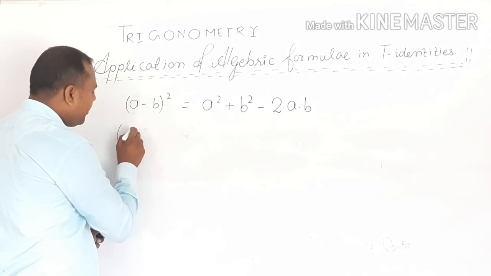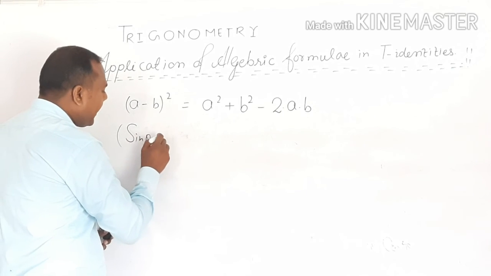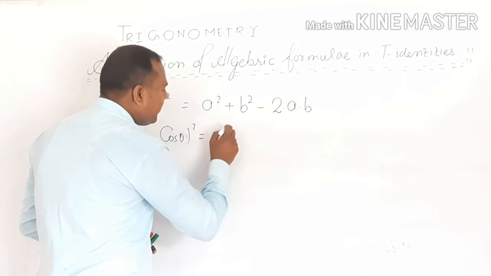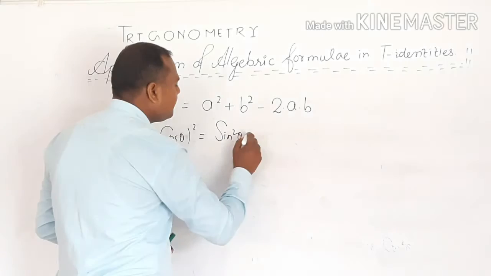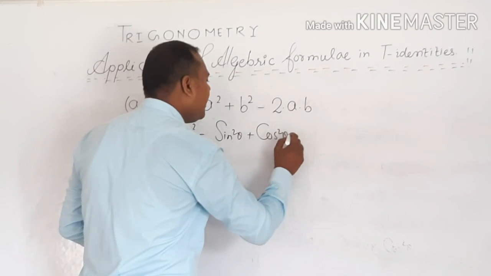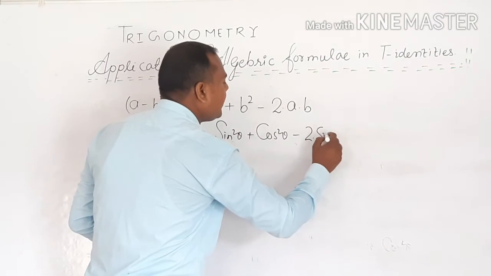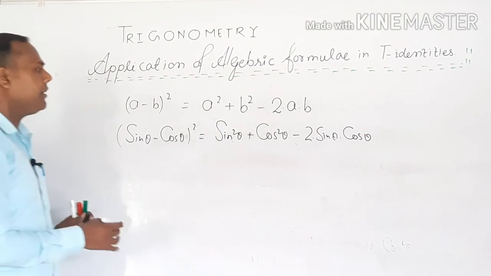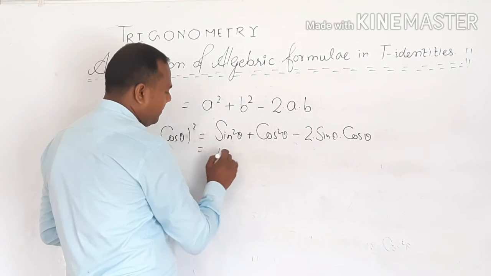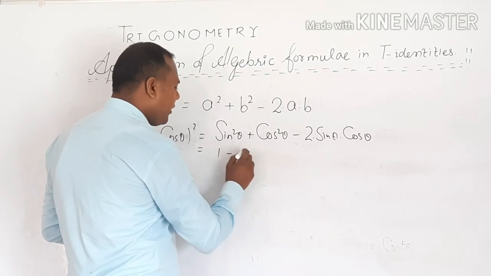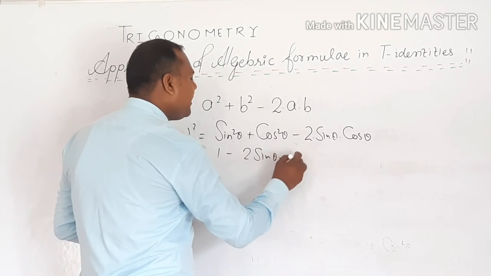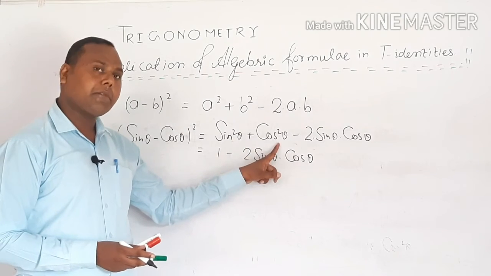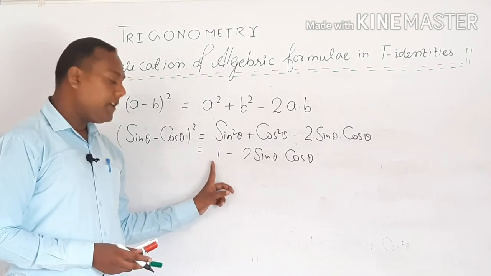If we put sine of theta minus cos of theta the whole square, we can write it as sine square of theta plus cos square of theta minus twice of sine of theta into cos of theta. So we can also write 1 minus 2 sine of theta into cos of theta, because sine square of theta plus cos square of theta is equal to 1. We have already studied this.